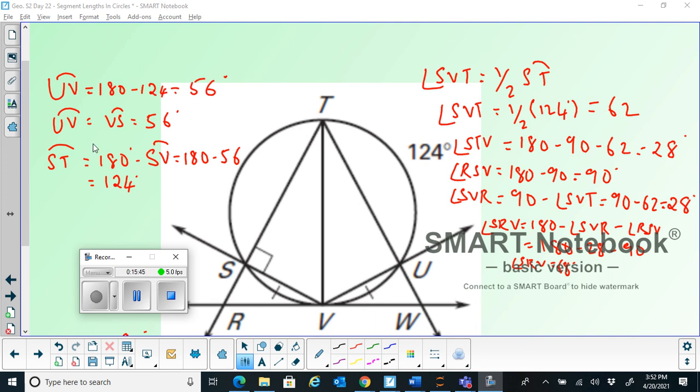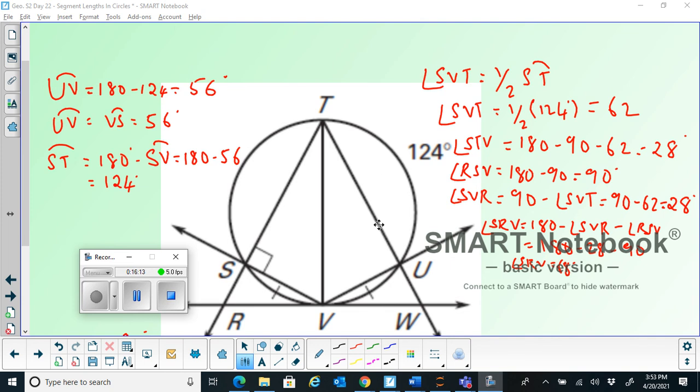Same way I can find VS. Arc UV is congruent to VS, that's given to us, so that's also going to be 56 degrees. And we will end up having arc ST, that is 180 minus the arc UV, so this will give us 124 degrees. Okay, we got all the arcs, we will try to find the angles.